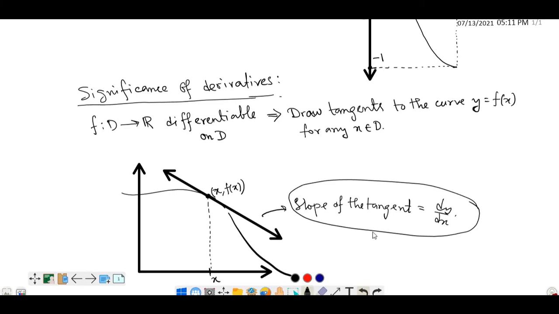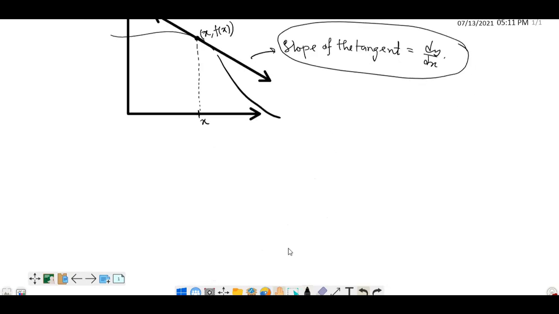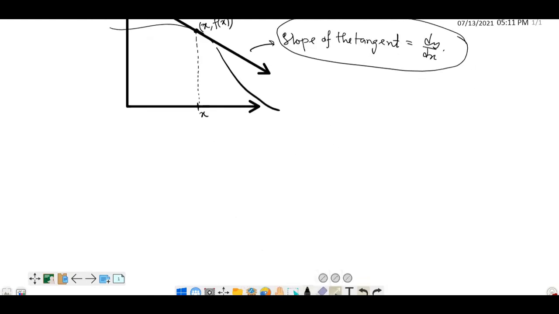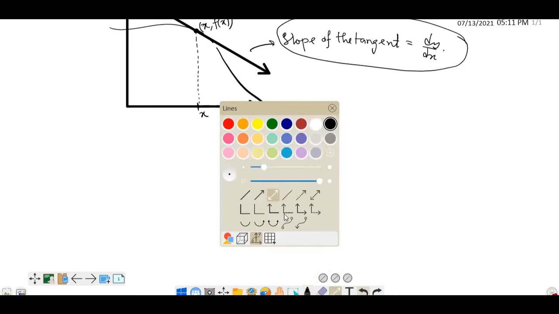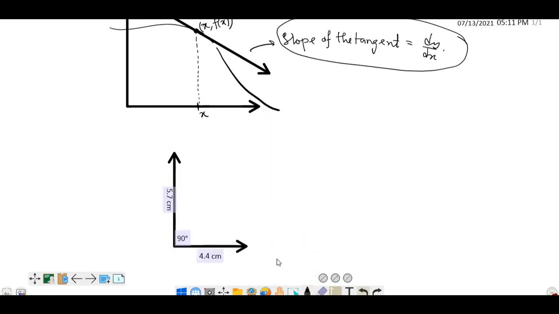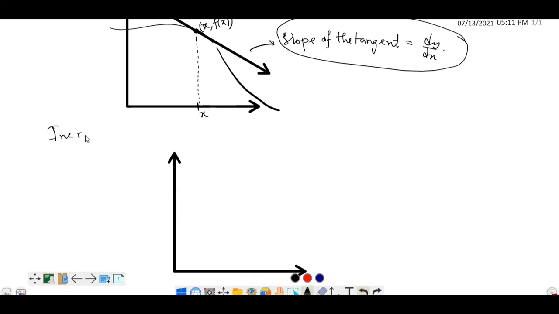So what is the link of this significance of the derivative with increasing and decreasing functions? You see, if you take an increasing function, the graph will be like this. Say I'm taking an increasing function. Then the graph of the increasing function is always like this.